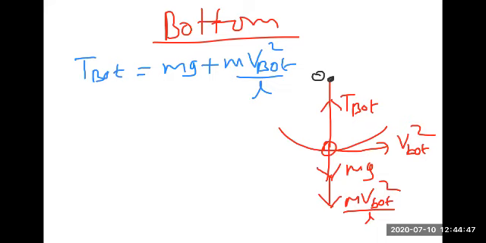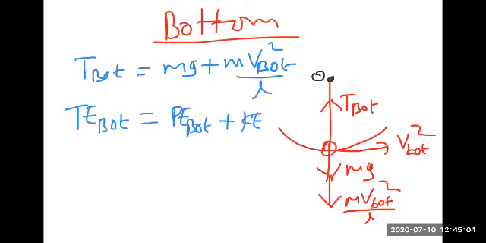And what is the total energy at bottom? At the bottom position, it has no potential energy, only kinetic energy. Total energy at bottom is potential energy at bottom plus kinetic energy at bottom. At the bottom position there is no height, which means no potential energy. So I can write that total energy at the bottom position is only kinetic energy.